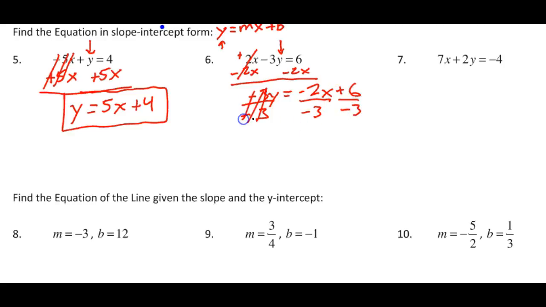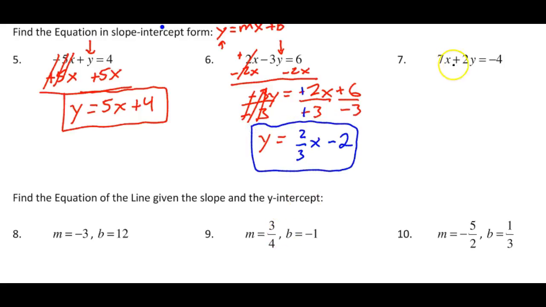So that equals positive 1. So I got 1y equals, let's see here, negative over negative is positive, so I have positive 2 over 3x. And positive over negative is a negative. My final answer will be y equals positive 2 over 3x minus 2.